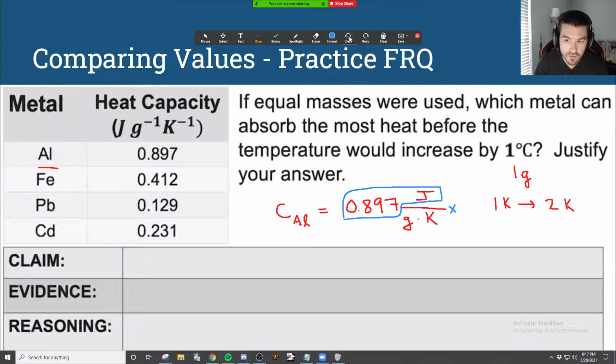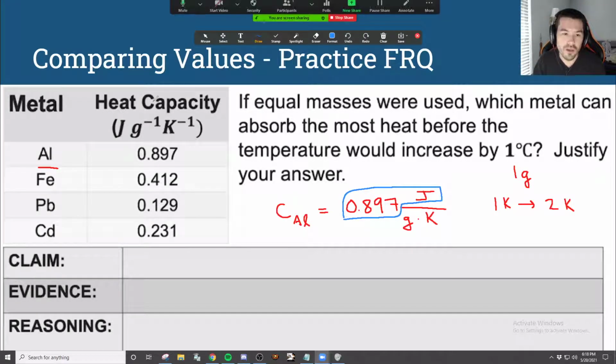Coincidentally, Celsius and Kelvin are the same scale. They're not the same number. We know that to go from Celsius to Kelvin, we add 273, so 0 Celsius is 273 Kelvin. But they increase in the same size steps, so every time you go up 1 degree Celsius, that's the same as going up 1 Kelvin.